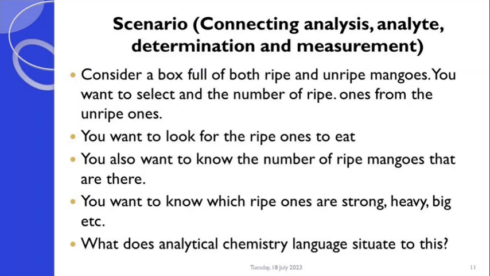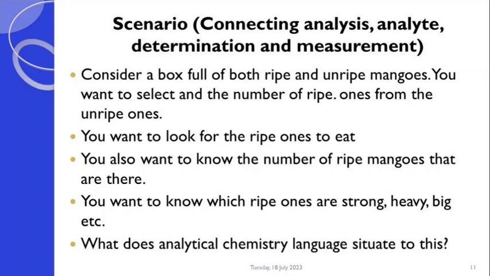On the selection of these ripe mangoes, we want to be looking at how strong some are, how big some are, how heavy others are. Looking out for physical information. How then do we situate the language that we have dealt with so far to this?